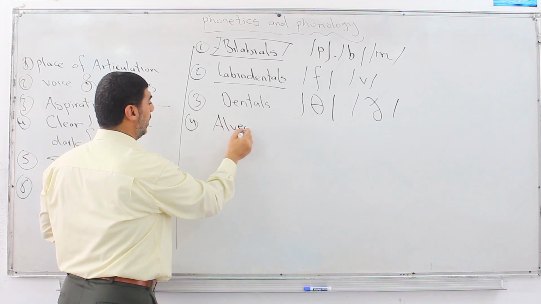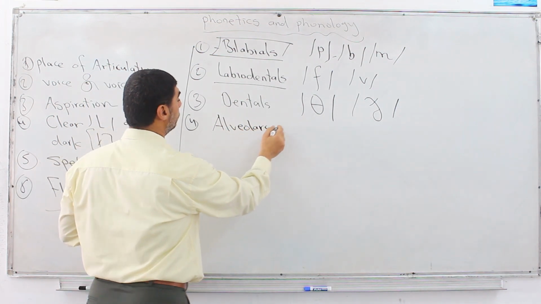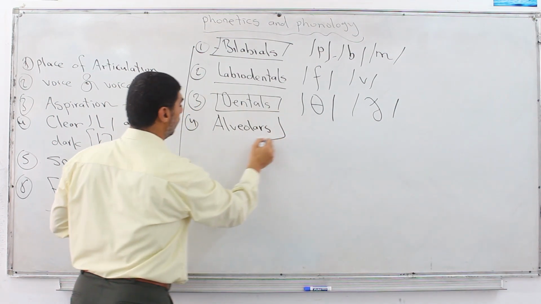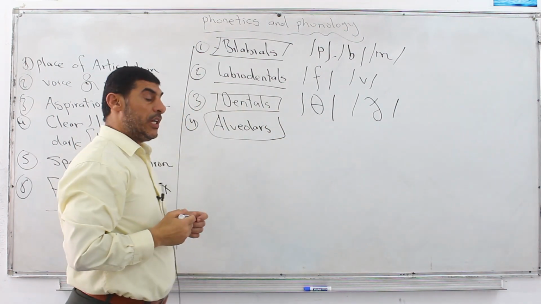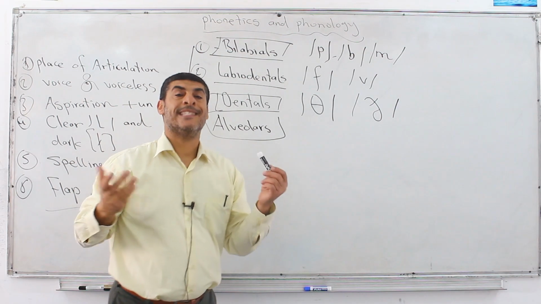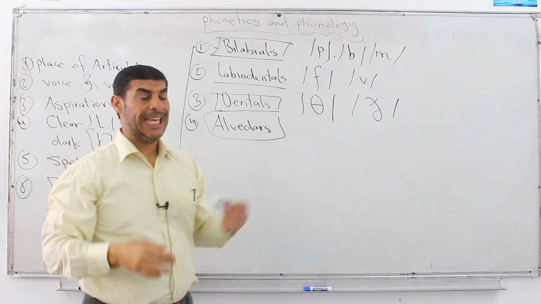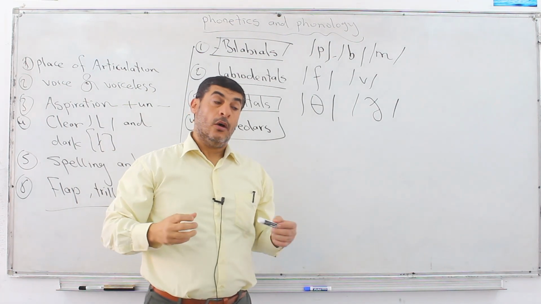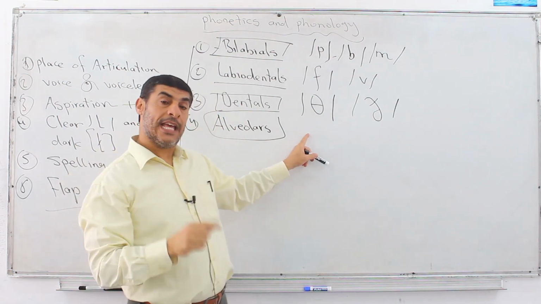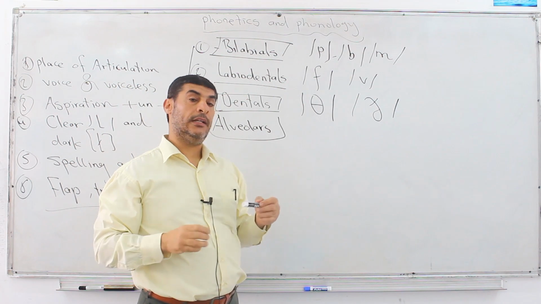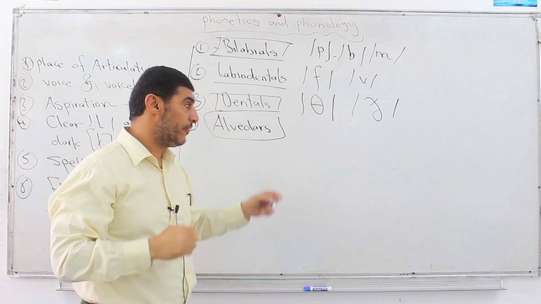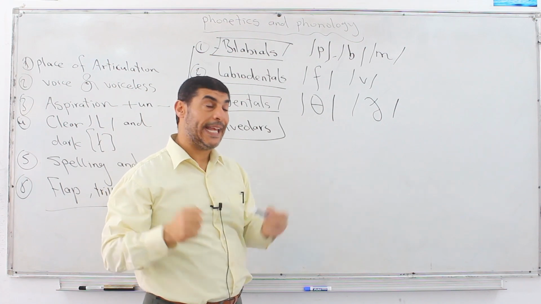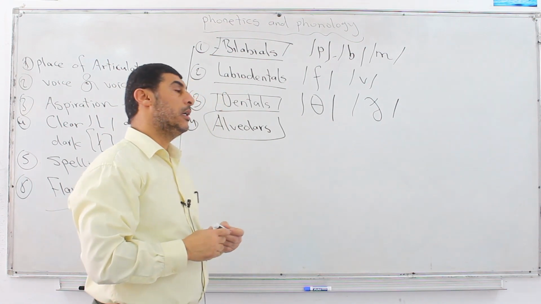We have alveolars. Okay, try to say da, ta, na, sa, za, la. When you articulate sa and za, you will notice that the tip of the tongue is pressed against the alveolar ridge.